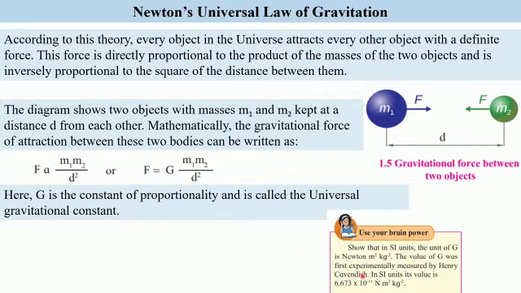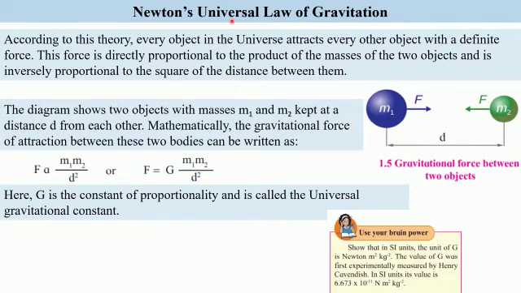Here we have been given the value of G, which has been calculated. The value of G was first experimentally measured by Henry Cavendish, and its SI value is 6.673 into 10 raised to minus 11 Newton meter square per kg square.